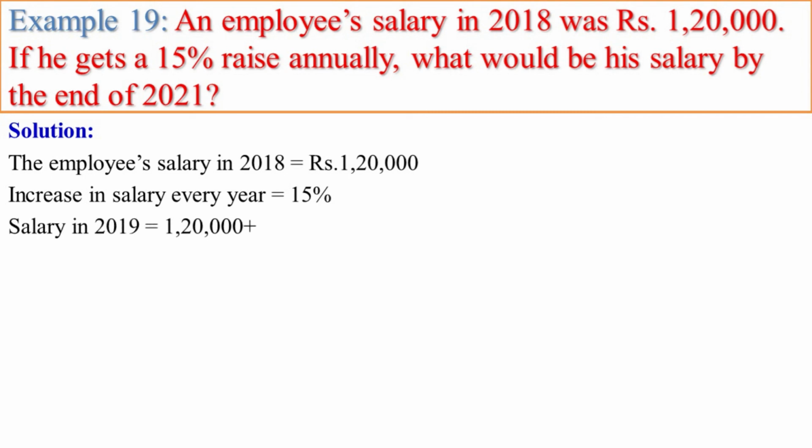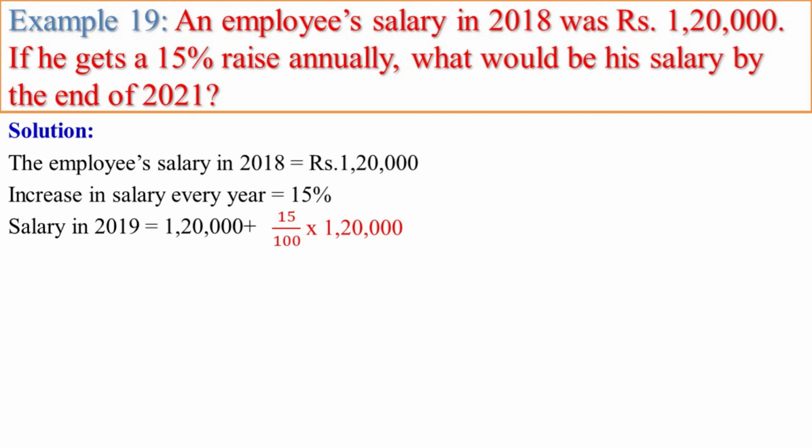Now we have to find the salary in 2019. How can we find it? We know that in 2018, 1,20,000 is his salary amount. With that, we have to find 15% of 1,20,000. If you find that and add it to the salary amount of 2018, we can get the salary amount in 2019. Now 15% of 1,20,000.